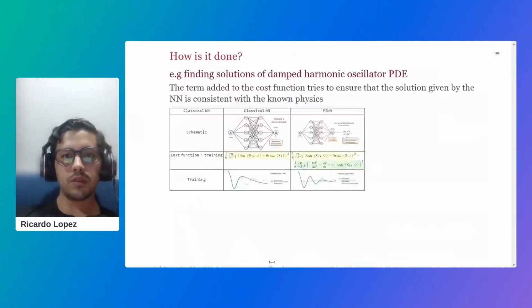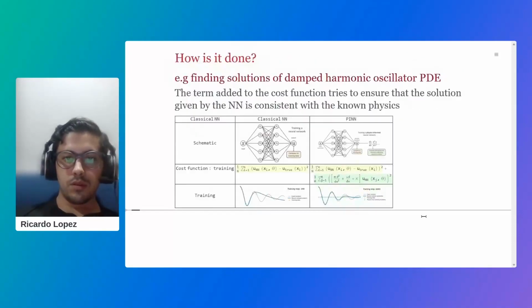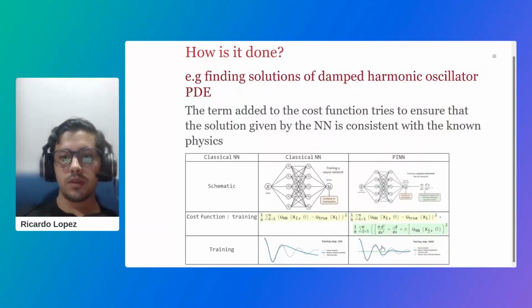So someone is asking, where do you input the problem differential equation? I'm not 100% sure I understand the question. Maybe you could rephrase it a little bit so I can give you an answer? At least in the case of physics informed neural networks, you will plug that into this term of the loss function.